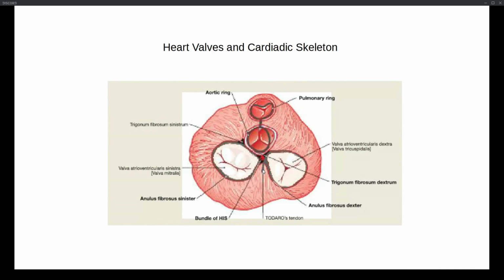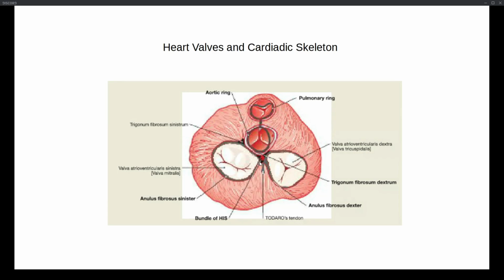I have no idea why, but they have basically a hard bone. From this point downwards and upwards would be the septum intraventriculare, separating the two ventricles from each other.